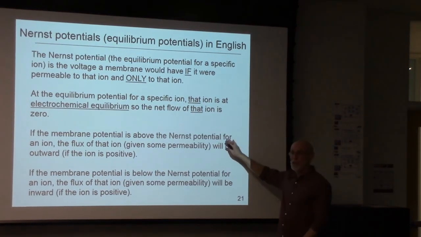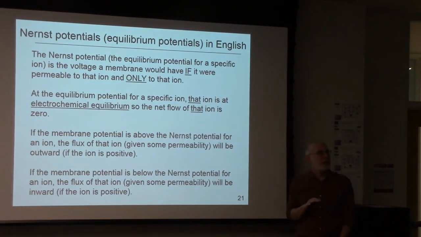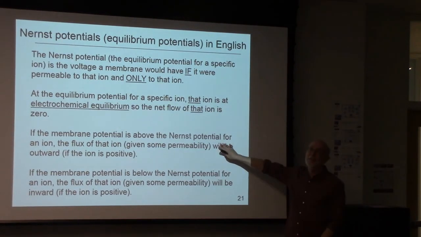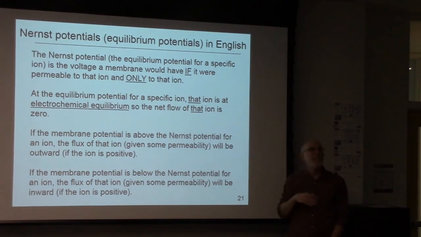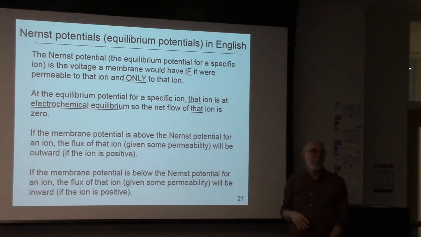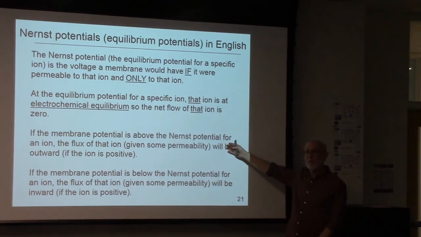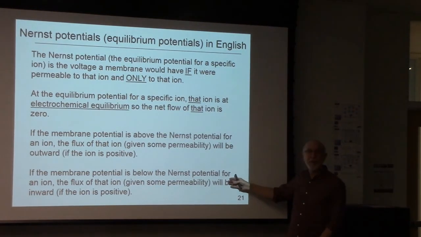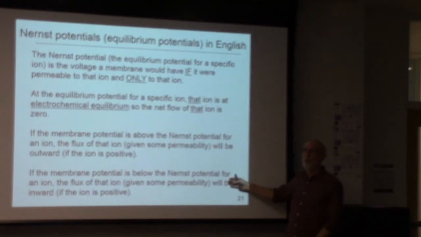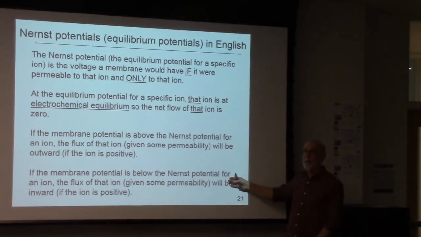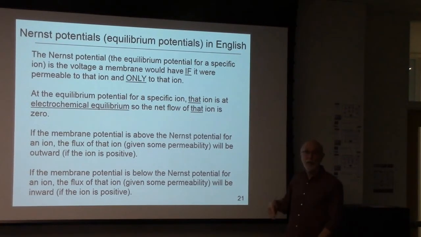Remembering that the membrane potential is always defined as the inside with respect to the outside. That's the key. So if the inside is positive, above the Nernst potential for that ion, the flow of that ion is going to be outward. If the membrane potential is below the Nernst potential for that ion, the flow of that ion is going to be inward.